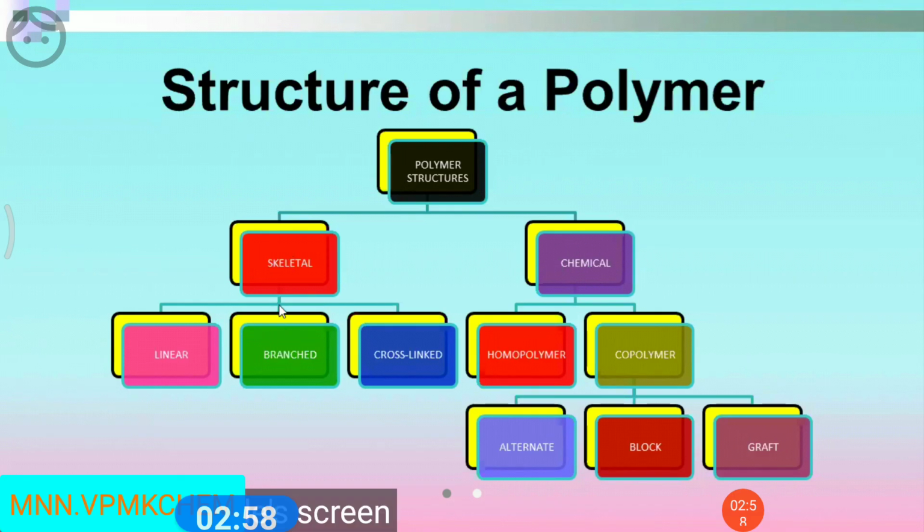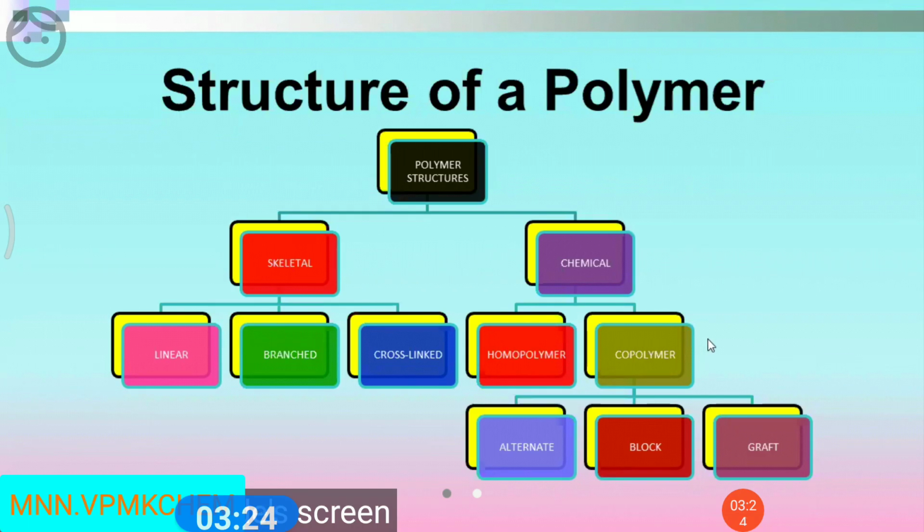On the basis of skeletal structure, there are three subtypes: linear polymers, branch polymers, and cross-link polymers. Whereas for the chemical structure, the polymers are classified into two types. First is homopolymer and second is copolymer.